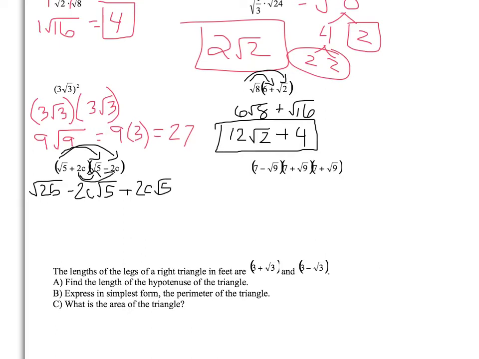And last, 2c times negative 2c is negative 4c squared. We will simplify what we can here. Negative 2c radical 5 plus 2c radical 5 cancels out. Radical 25 is 5 minus 4c squared. Now just like with the previous problem, the 4 has a c squared with it, so it cannot combine with the 5. So that's your final answer there.